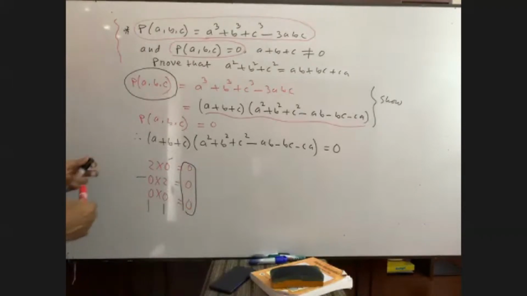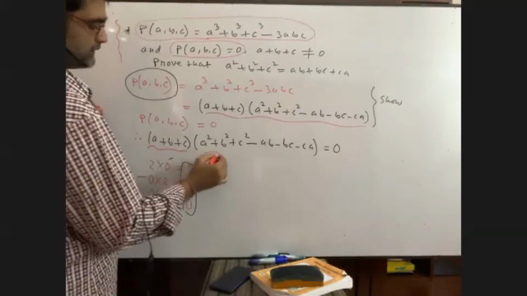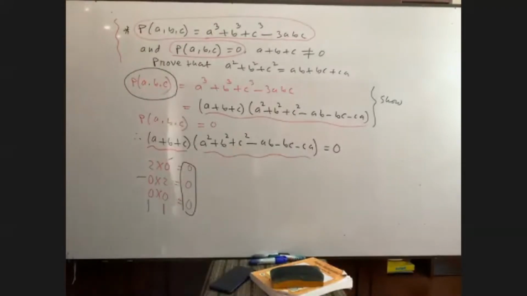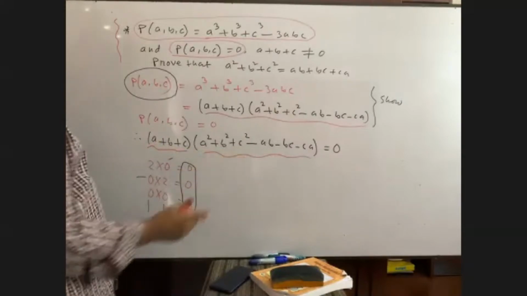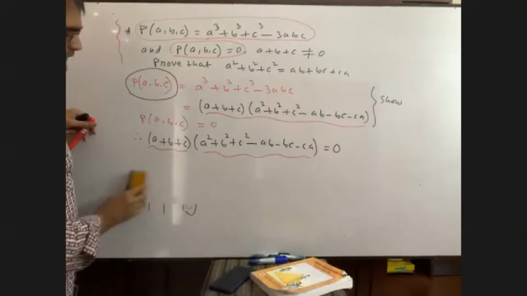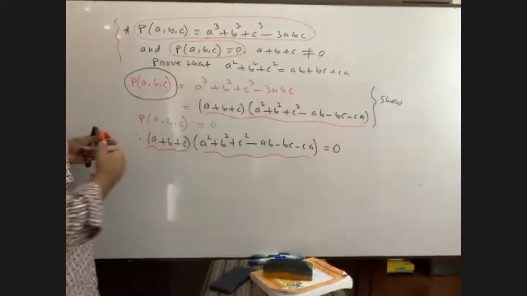So how many factors are there? There are two factors here, right? That means either this will be 0 or this will be 0. But in this question, it is written that this one is not 0. Can you see?